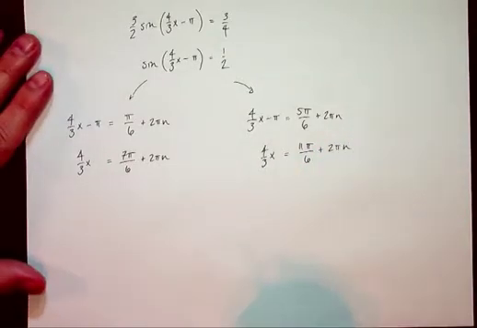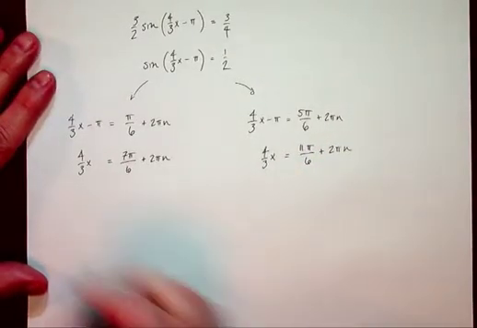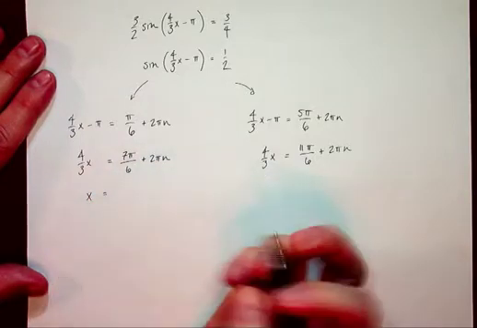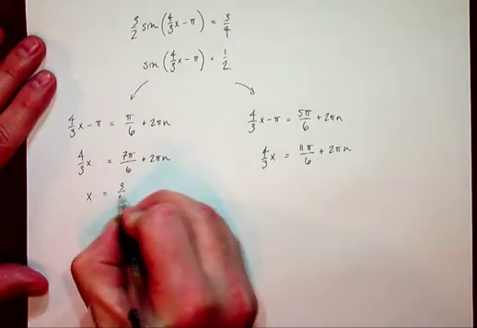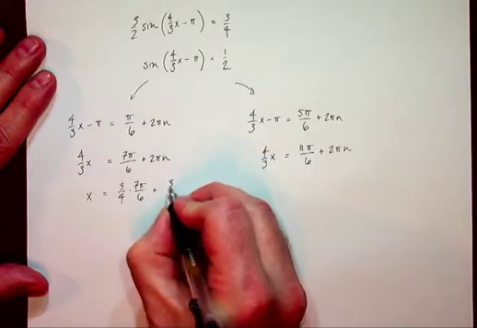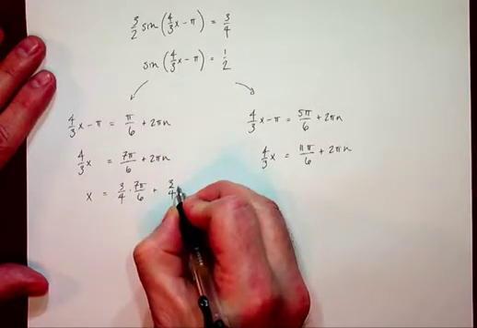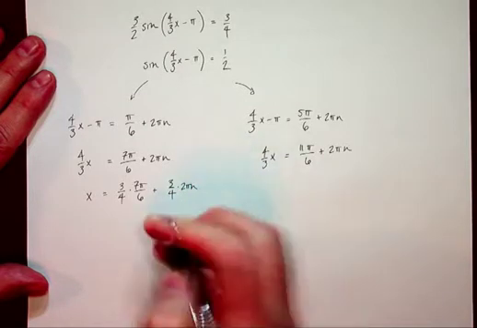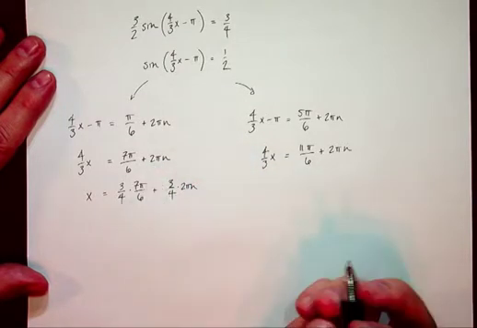And now I need to multiply both sides by 3/4. If I multiply this by 3/4, that's 7 pi over 6. Remember that I need to distribute it because it impacts the period, and this, of course, is representative of that period.